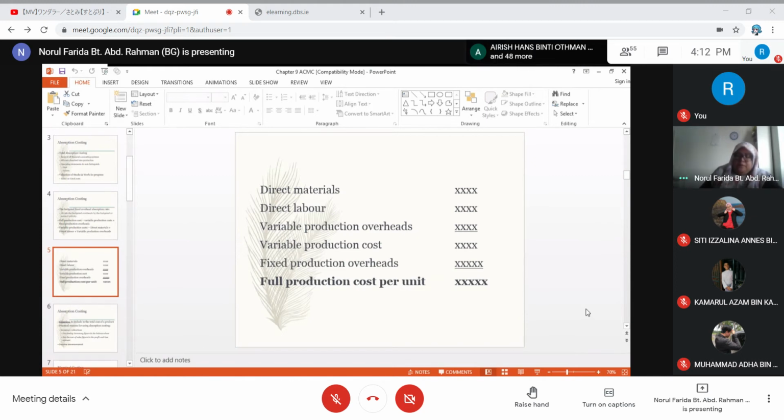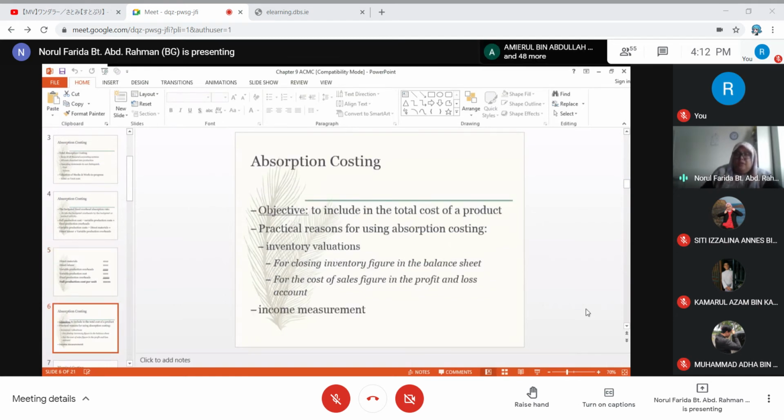Okay. The objective of absorption costing is to include in the total cost of a product an appropriate share of the organization's total production overhead. That is its objective. Alright, to include in the total cost of a product the total production overhead.